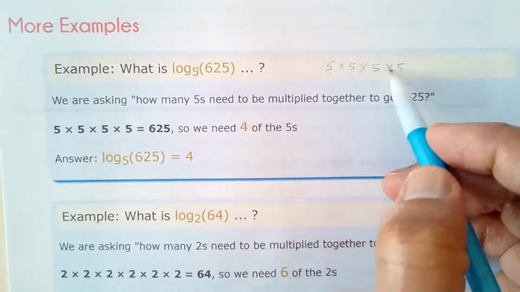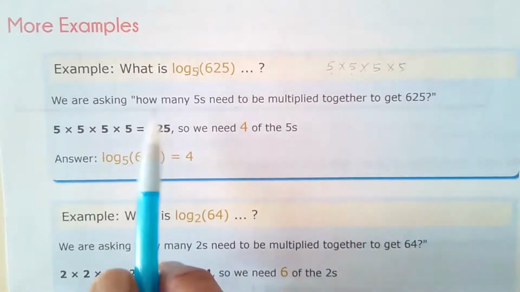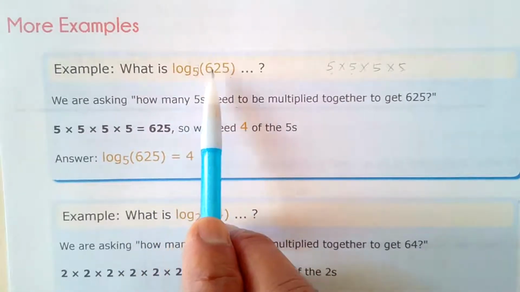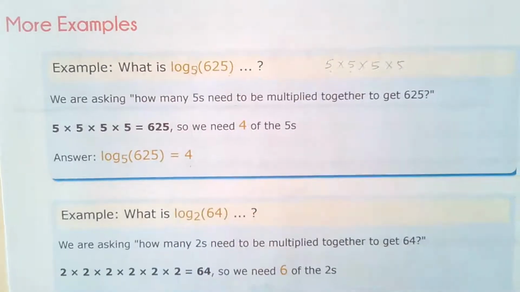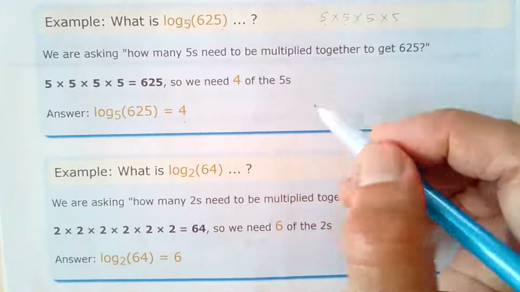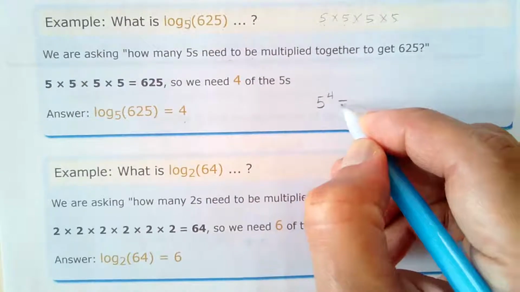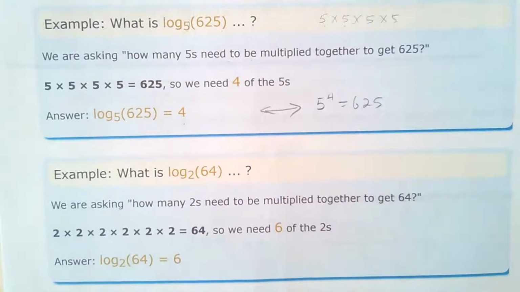You multiply 5 by itself 4 times to give us 625. So the log base 5 of 625 is 4. If you were to write it in exponential form, we write that as 5 to the power 4 equals 625. They are related.